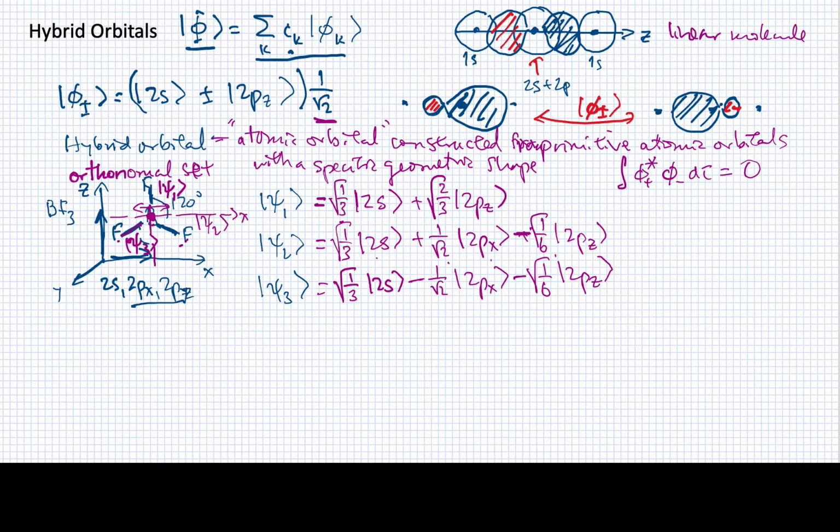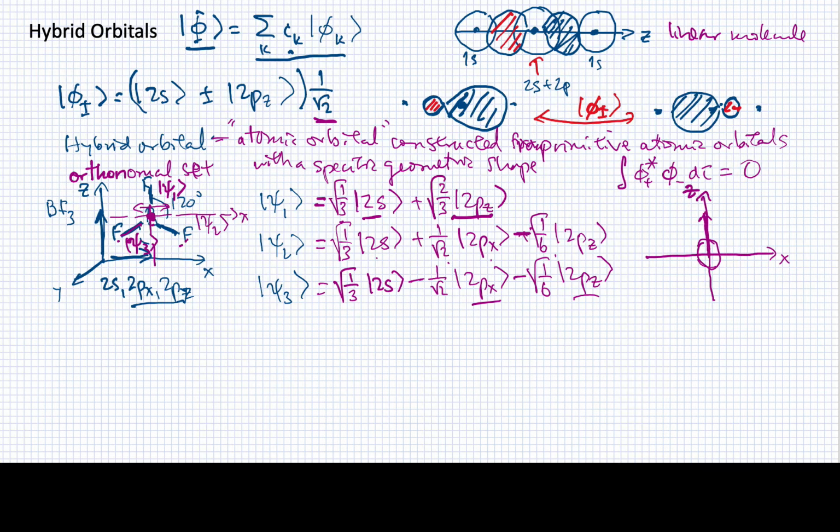Now, how can I check that these things are oriented in the right direction? Well, one way I might do that is to redraw my xz plane, and note that my 2s orbital is isotropic. That is to say, it doesn't prefer any direction. So all of the directionality is coming from 2px and 2pz. This one has only a component in 2pz, so it will be a vector pointed up.